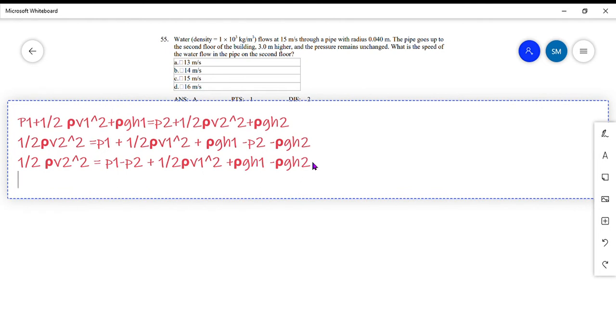He said in the question the pressure remains unchanged. That means P1 is equal to P2, so P1 and P2 cancel. I will write it step by step.